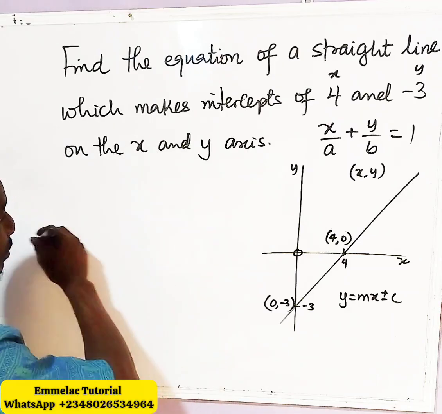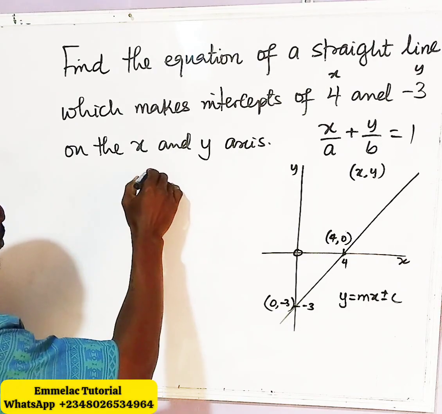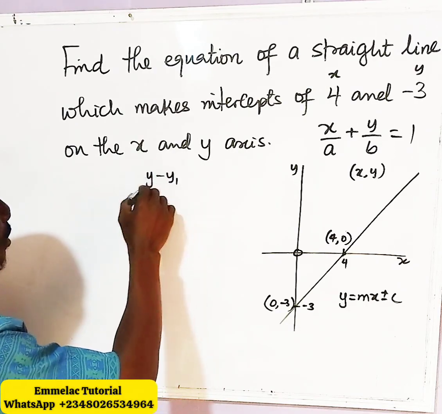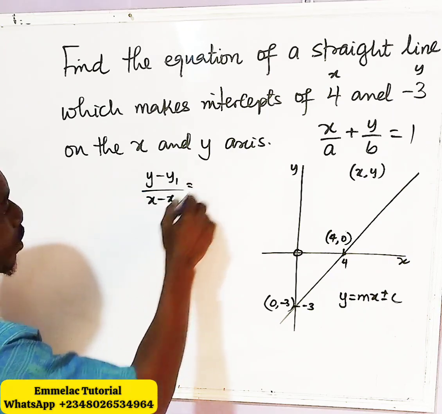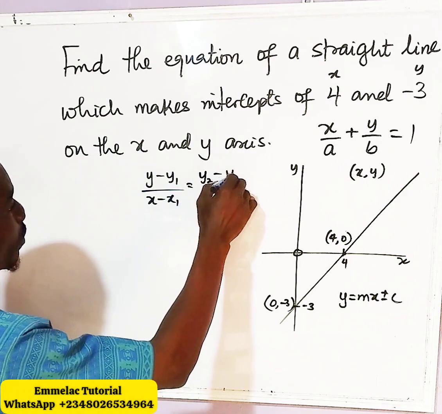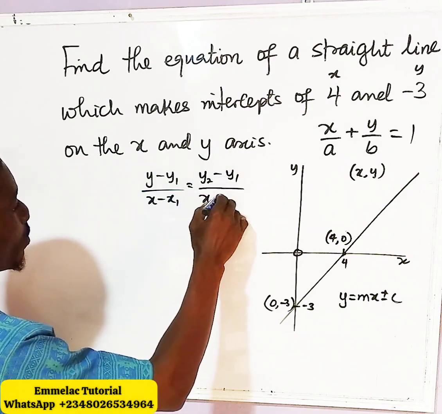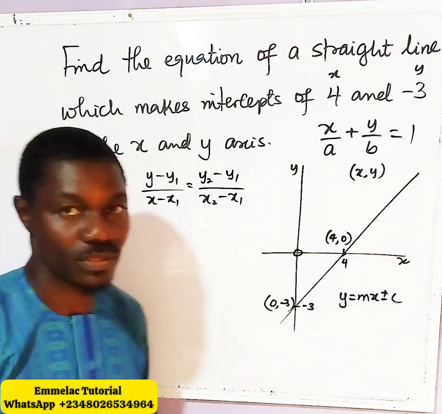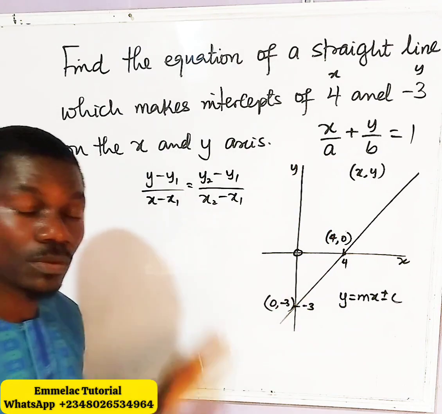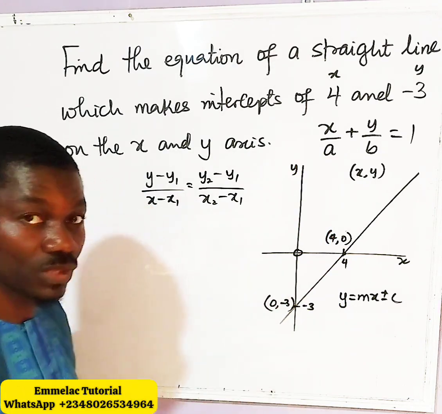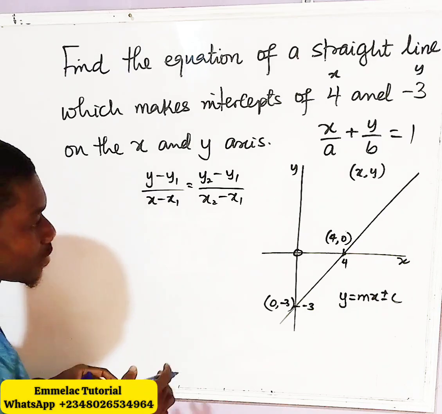So we can come up here, we have y minus y1 all over x minus x1 equals y2 minus y1 all over x2 minus x1. Actually this is the simplest, but I just decided to go this route to give more explanation.